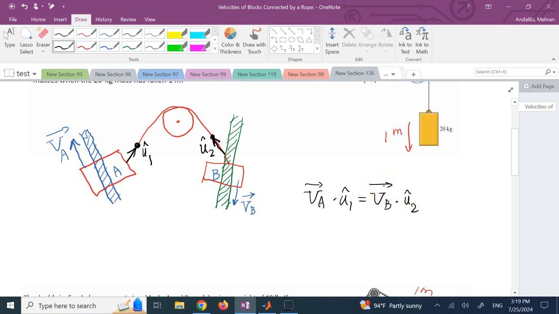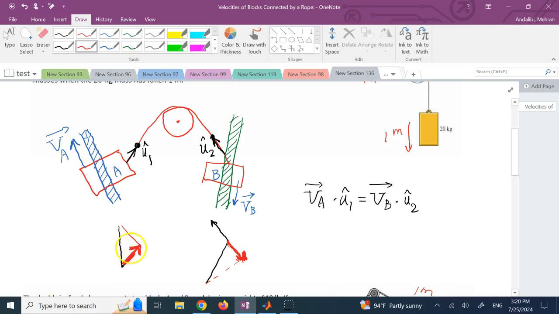So here you are projecting VA along U1 and VB along U2. One of them is projected like this, and the other one you have to continue and project that way.